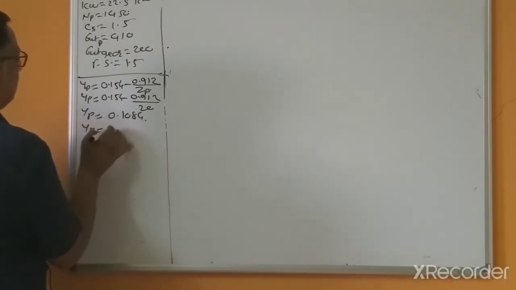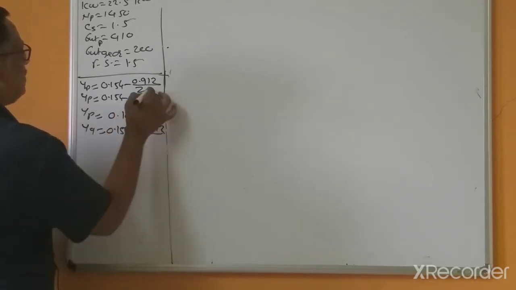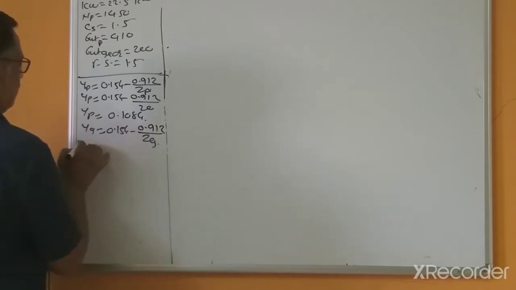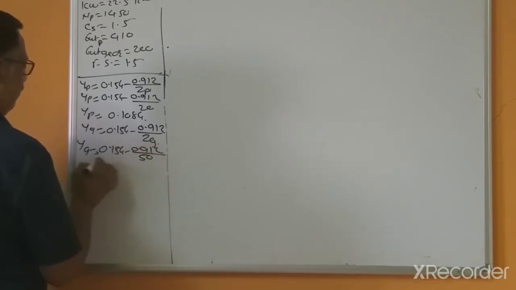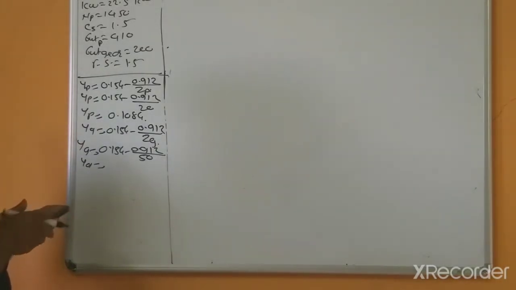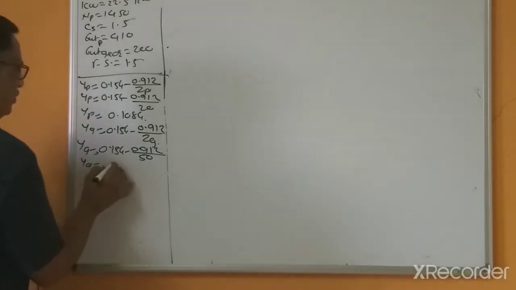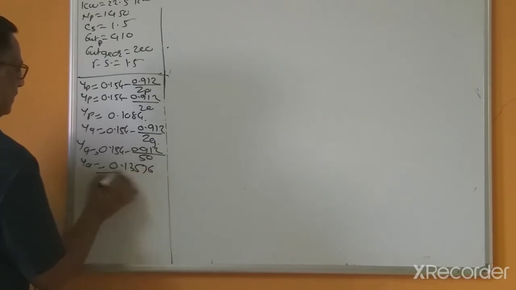Similarly calculate YZ, only change here is instead of ZP, this is ZG. 0.154 minus 0.912 divided by ZG, ZG equal to 50, YZ equal to 0.13576.